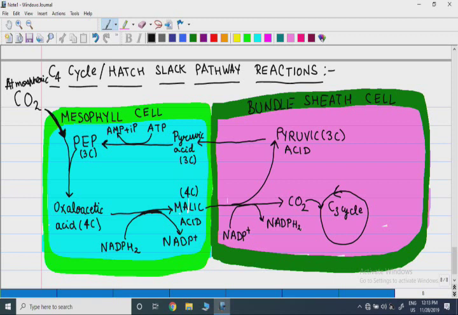So, whatever NADPH2 was used, it is regained. Right? It's regained. So, finish it quickly, then we will move on further.